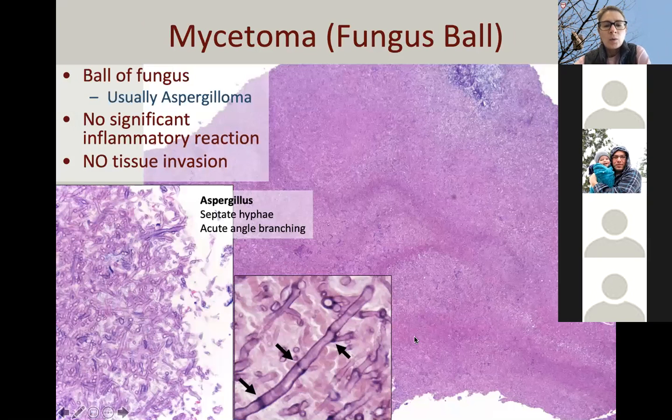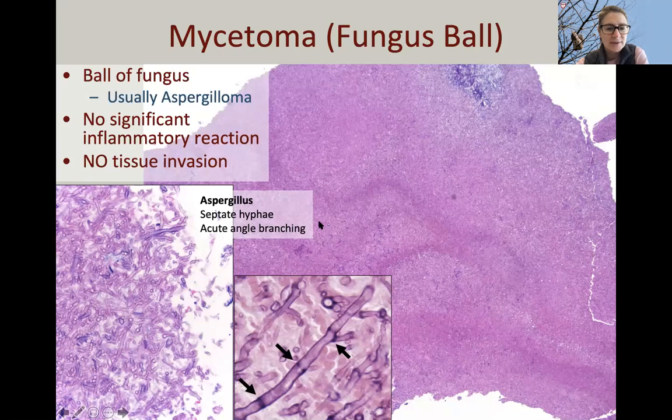What we see in the sinuses most frequently is sinusitis, and it could take many forms, from inflammation to fungus. Sometimes what is present, just floating in the sinonasal cavity, are mycetomas or fungus balls. These are usually balls of aspergillus that may or may not have an actual inflammatory reaction around them.